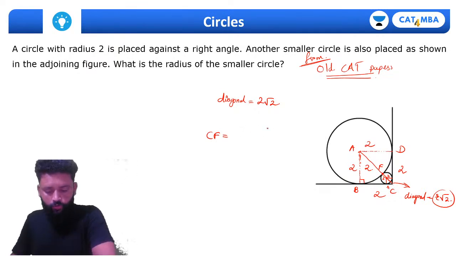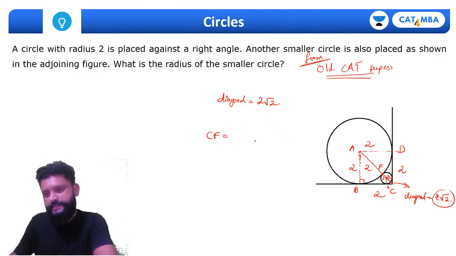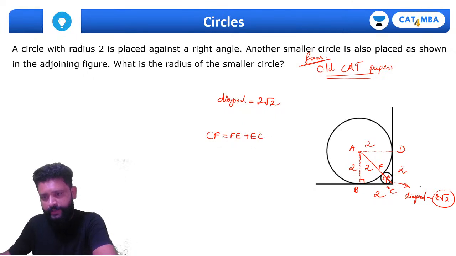Okay, hopefully all of you are with me guys, be careful while solving this question. Okay, CF, if we need it, for CF I can write FE plus EC, where EC is the diagonal, and FE is the radius, so this is r.